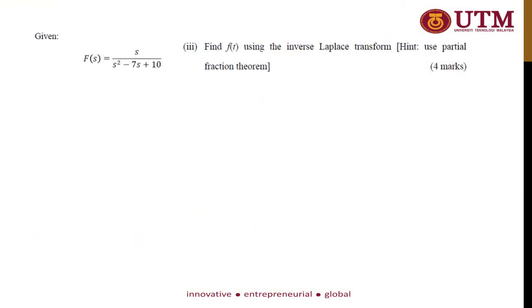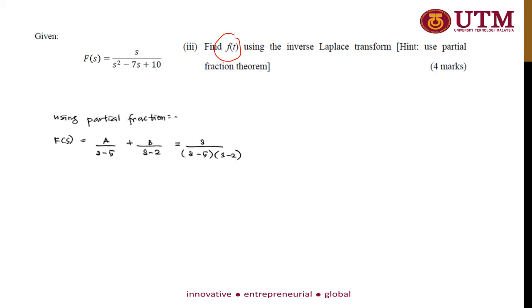Okay, question 2, part 3. Find the inverse Laplace transform of F(s). So you need to find f(t) by using the inverse Laplace transform. Usually in this kind of question, you need to use partial fraction expansion. You can divide this part into components s minus 5 and s minus 2.